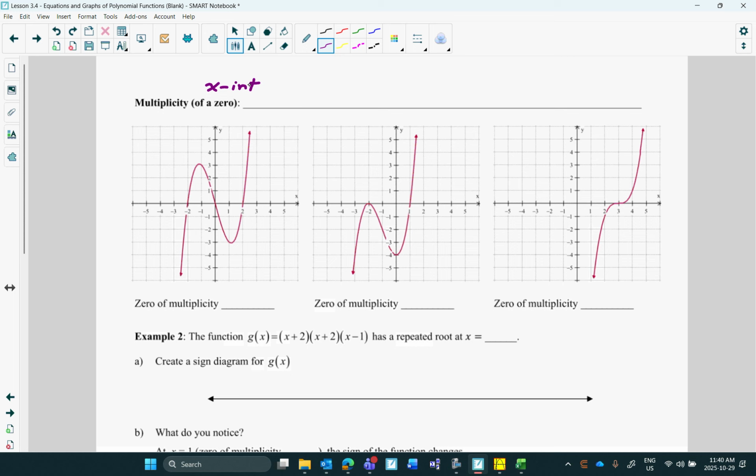So the multiplicity of a 0 is how many times it occurs in a function.